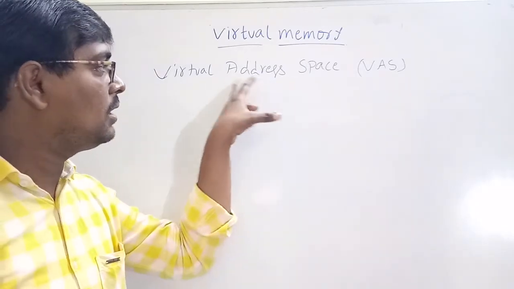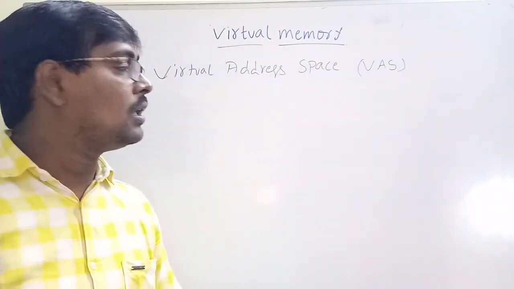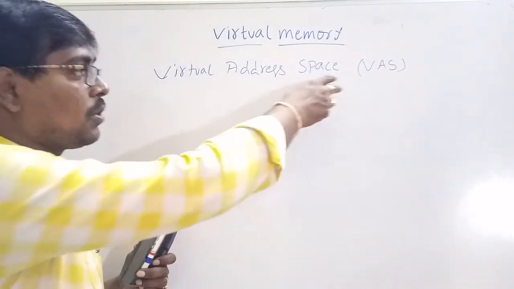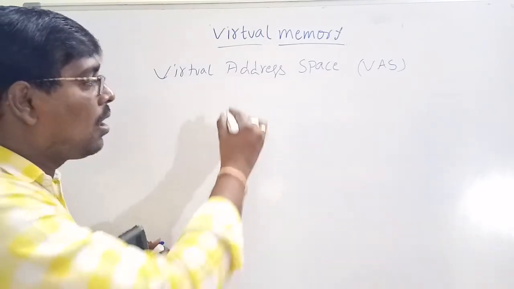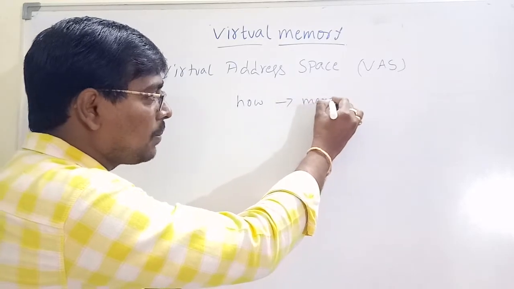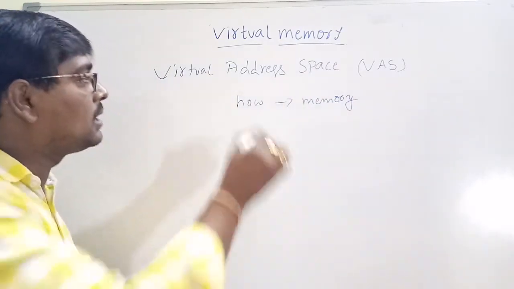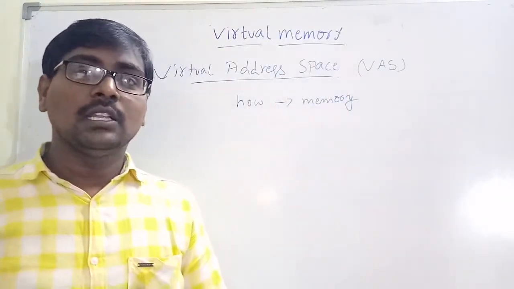The virtual address space of a process refers to the logical view of how a process is stored in the memory. How a process is stored in the memory is specified by this virtual address space.